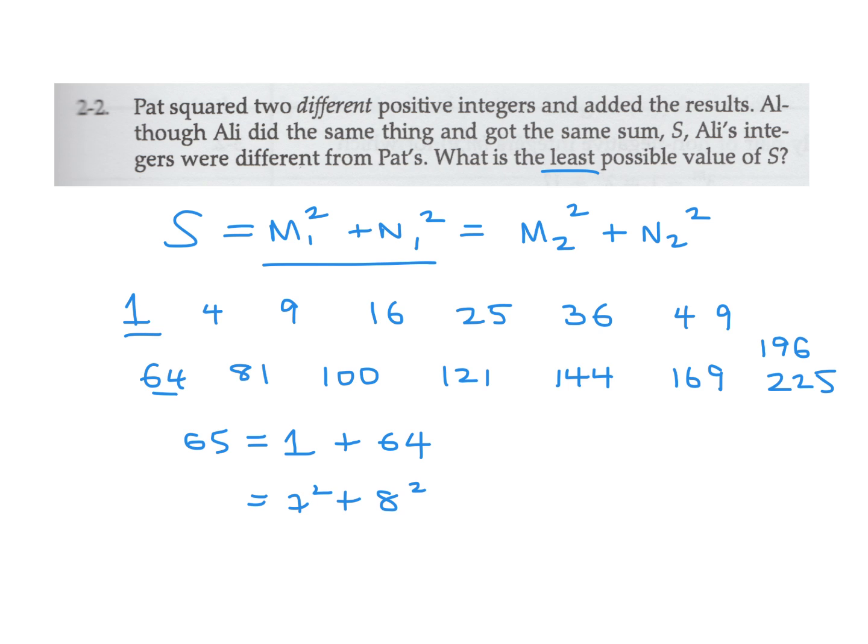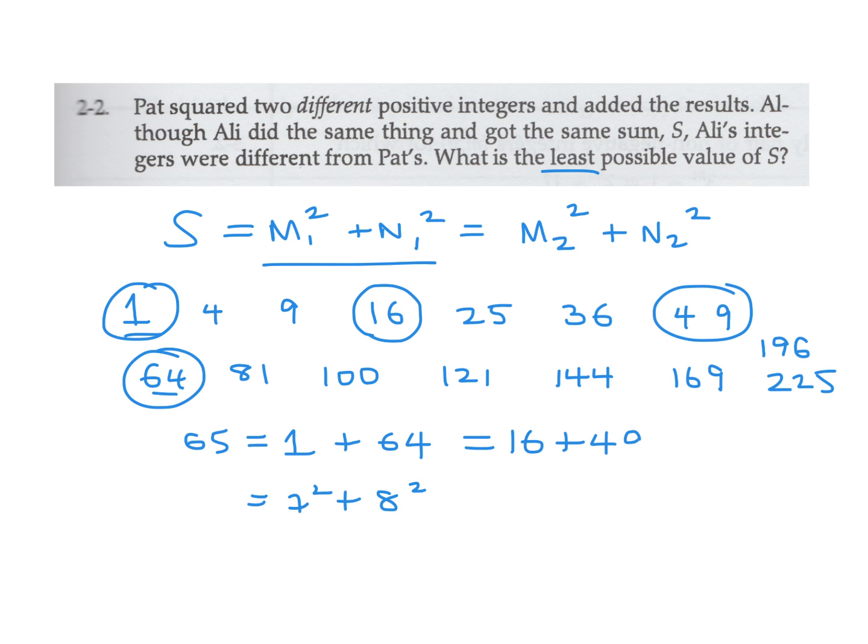Now, can you find two of these numbers that if you add them also equal 65? I think these two, the 16 and the 49, that would do it. 16 plus 49 is also 65, and that's the equivalent of 4 squared and 7 squared. So 65 is my S, and that is the answer.